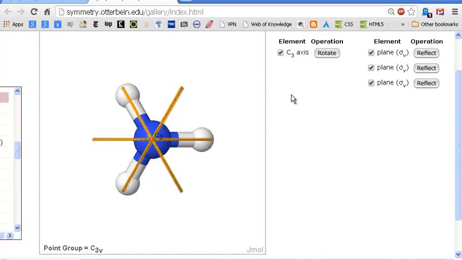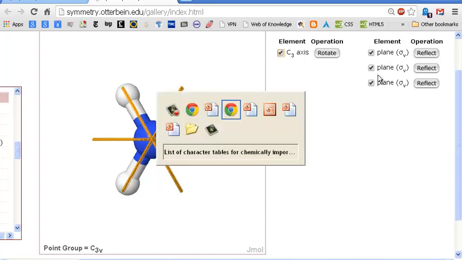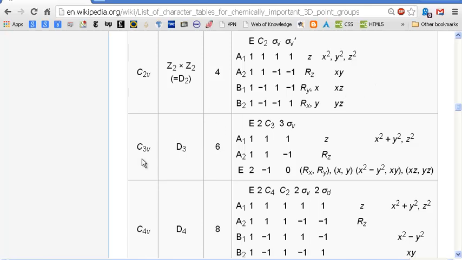There's the identity, these 2 C3 axes, and these 3 sigma planes. That's what this C3V character table says. You have the identity, then 2 C3 axes, one going 120 degrees and the other 240, and then you have these sigma V planes. These planes and these axes are grouped together as a class, and they all have the same character.